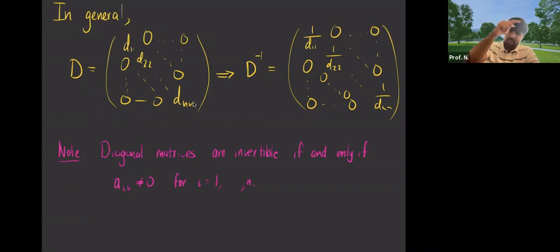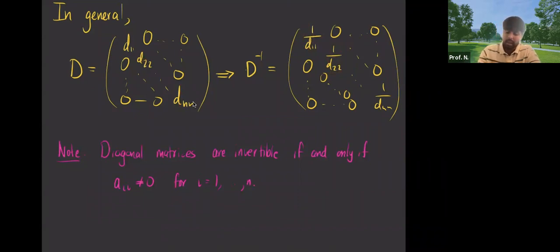So as long as the diagonal matrix has non-zero entries along the main diagonal, it's always going to be invertible, because I can always find the inverse, which is just the reciprocal of the diagonal entries. The moment any one of these is 0, it's no longer invertible.